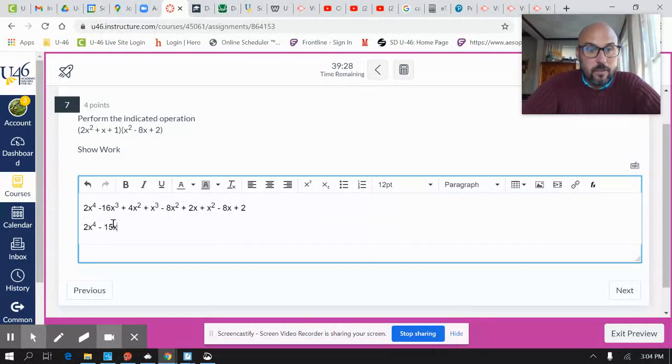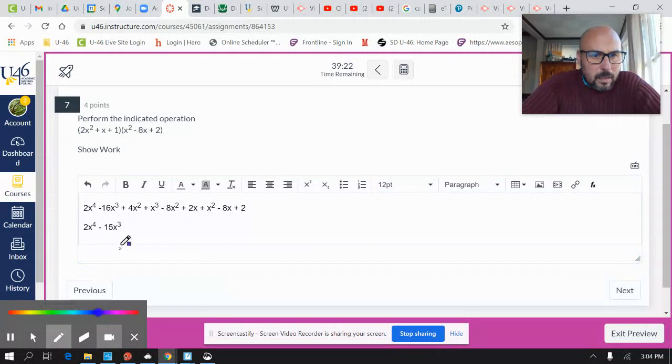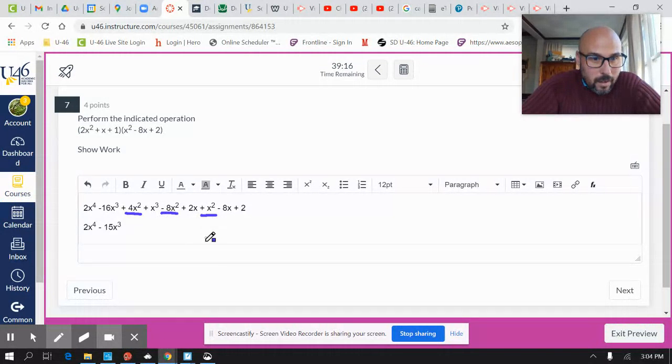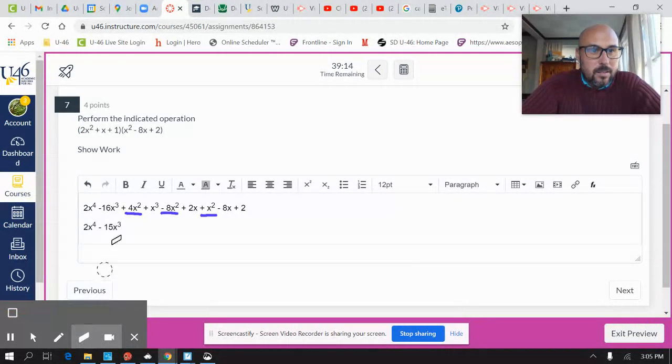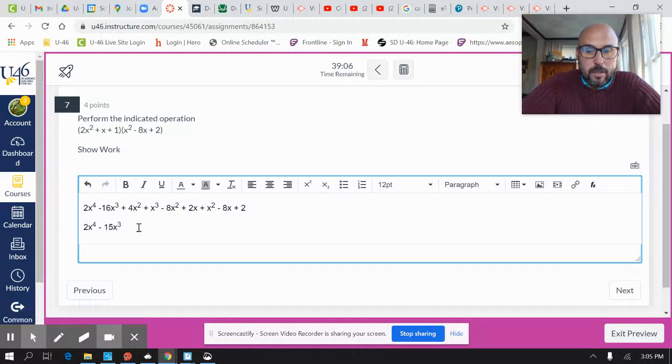So minus 15x to the 3rd. What about x squareds? Well, I see 4x squareds right there, minus 8x squareds, plus 1x squared. So 4 minus 8 is negative 4, plus 1 is negative 3. So negative 3x squared.